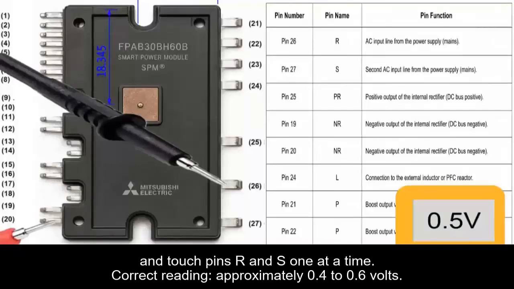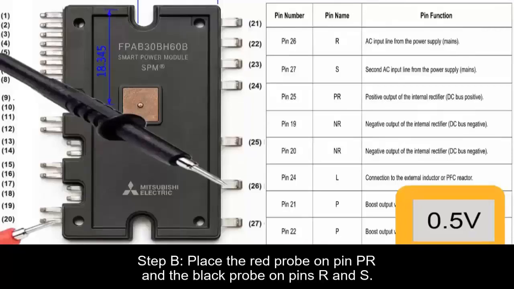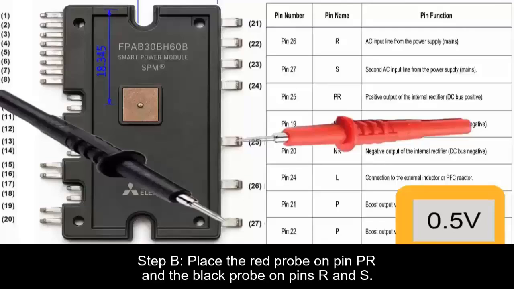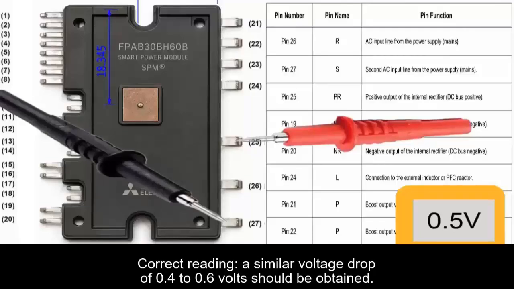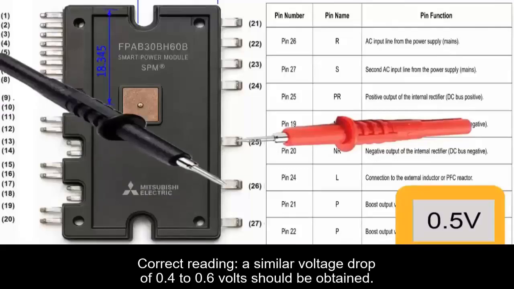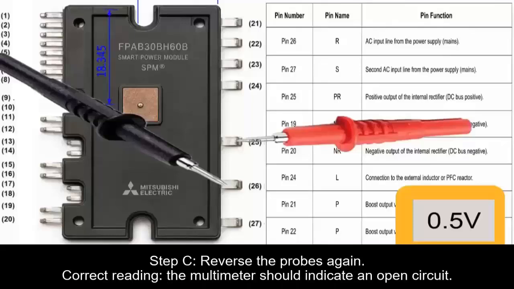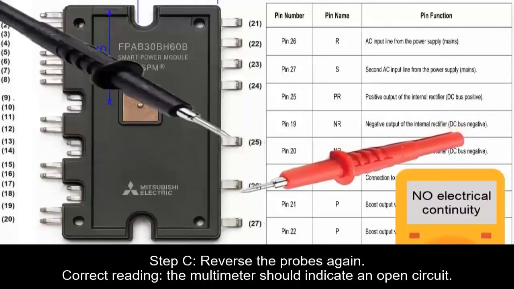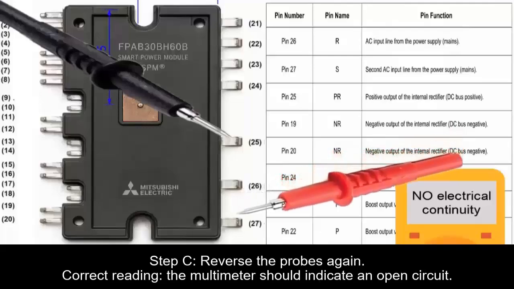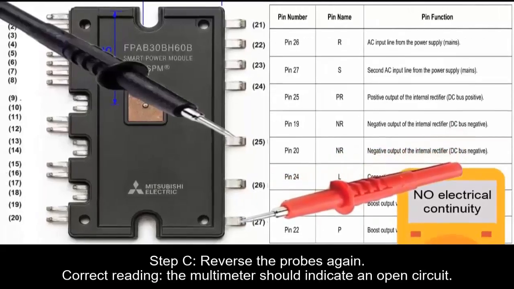Step B. Reverse the probes by placing the red probe on pin PR and the black probe on pins R and S. Correct reading, a similar voltage drop of 0.4 to 0.6 volts should be obtained. Step C. Reverse the probes again for the same measurements performed above. Correct reading, the multimeter should indicate an open circuit or no continuity.